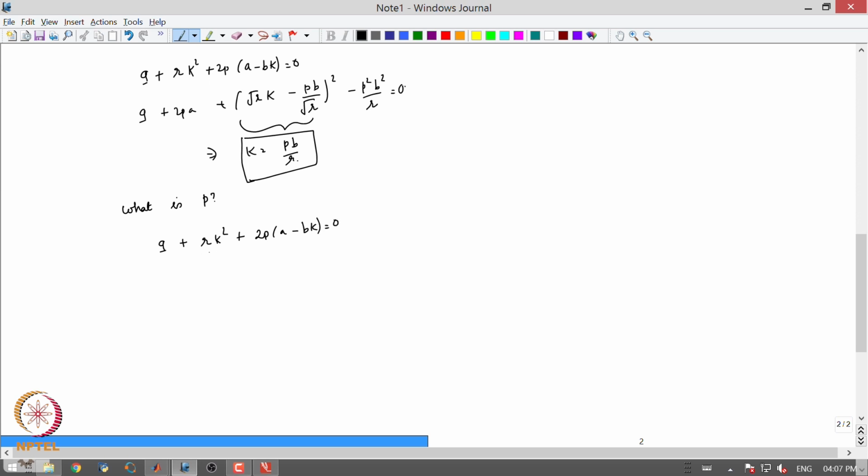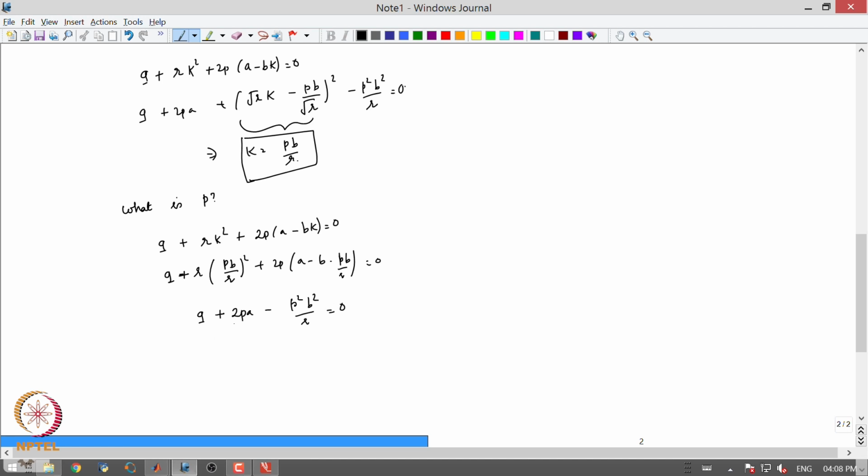I substitute for k, and what I end up with is, okay, what is k? This is q plus r times p b over r, square, plus twice p a minus b k, that is p b over r, equal to 0, and I end up solving a quadratic equation of the form q plus twice p a minus p square b square by r equal to 0, right.